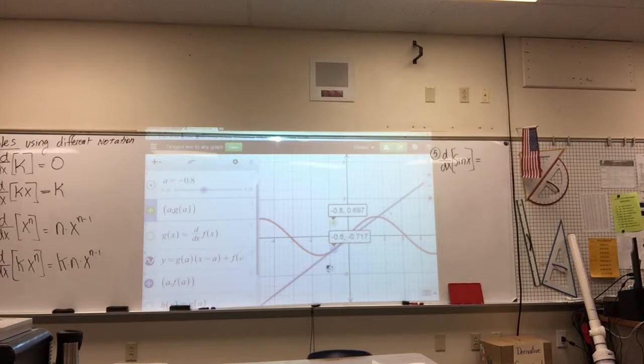The derivative of the sine of x at negative 0.8 is 0.697. Now, there's a lot going on here. I want you to just stare at this thing. So notice we're identifying every single possible slope for every single x value as we go from left to right.